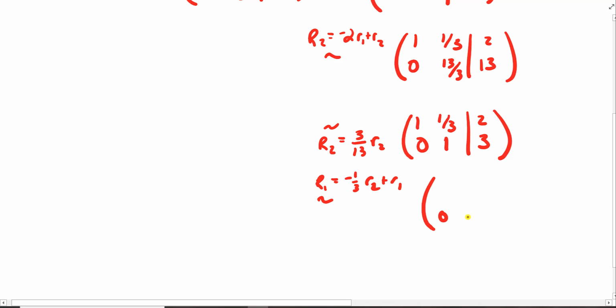So when I do that, let's just recopy the pivot row. This is what we have. Then I'm going to multiply this pivot row by -1/3 and add. Well, that doesn't change the first entry. That gives me the 0 in the second entry like I wanted. And then 3 times -1/3 gives me a -1. -1 added to 2 gives me a 1 there.